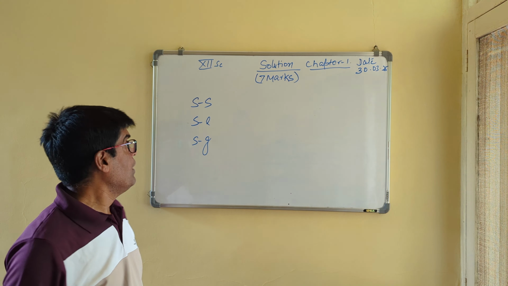Now we will discuss the physical state of solutions. In solid solutions, SS, SL and SG, all three categories have a solid solvent. Then we have liquid solvent solutions like LS, LG and LL.